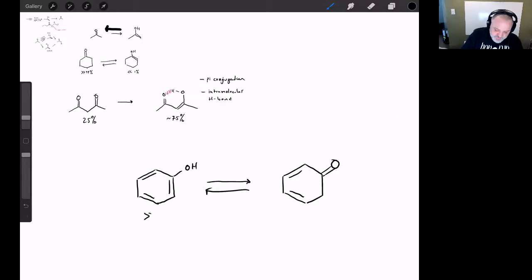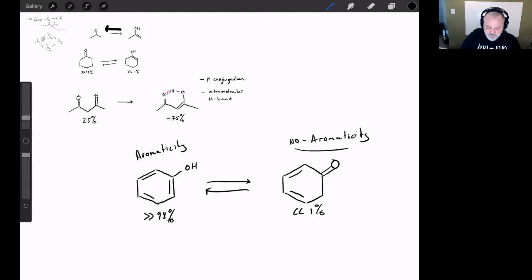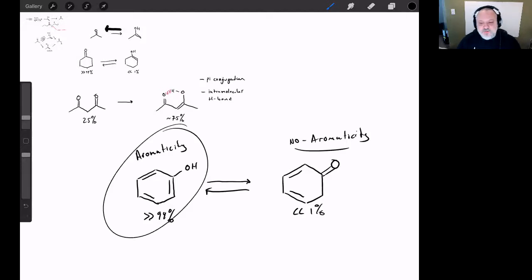In this case, this is much greater than 99%, and this one is much less than 1%. And it's obvious, I think, for everybody at this point in the semester, or at least it should be, that in this case we have aromaticity. In this case, that is broken. And so that's why in this particular case, the enol is the dominant product.